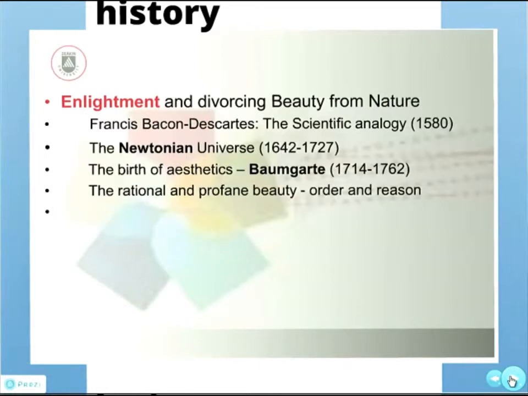Beauty is in the function. Beauty is in what we can order. Beauty is what we can organize and understand. And that is what happened in the 18th century. Our professions started to appear. We started to become the guardians of beauty. So we divorced ourselves completely from nature, and we started to think, all right, we can now control this.